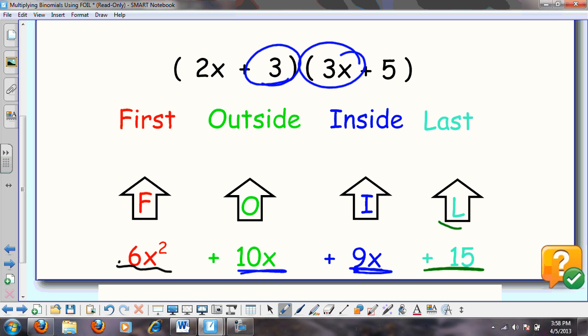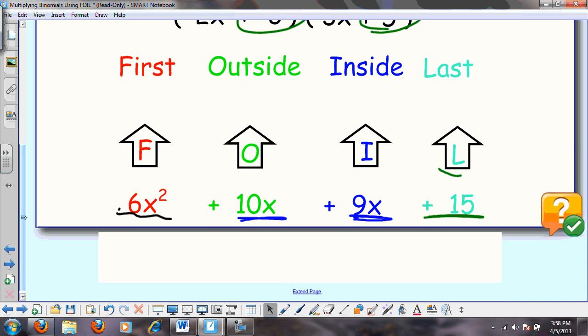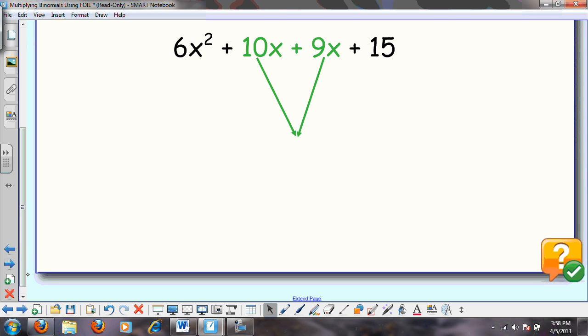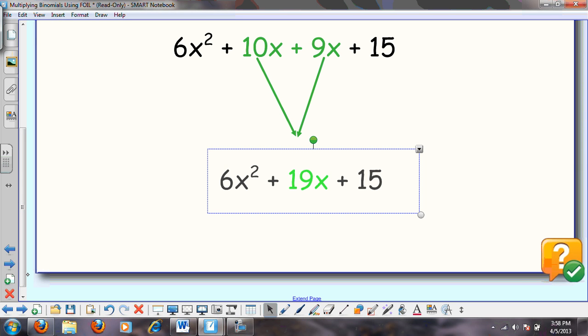So your last terms are 5 and 3, which is 15. Then you can combine your like terms, which 10 plus 9 is 19. So it becomes 6x squared plus 19x plus 15.